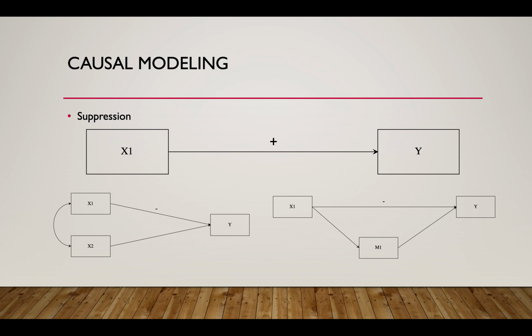This happens primarily because there is too much overlapping variance between x1 and m1, and the only variance between x1 and y that you're finding is between x1 and m1 or x1 and x2. The only variance that you're finding between x1 and y is a small proportion of variance that can often be spurious in nature or something else.